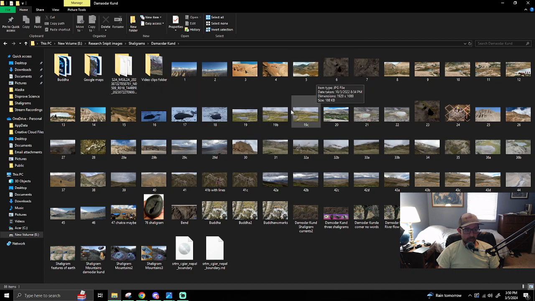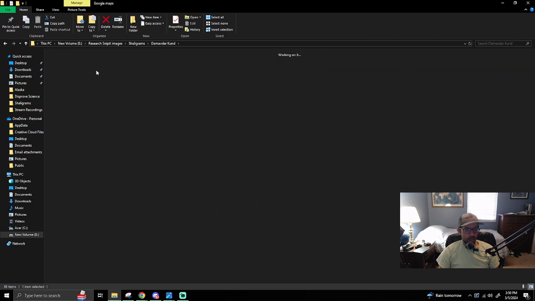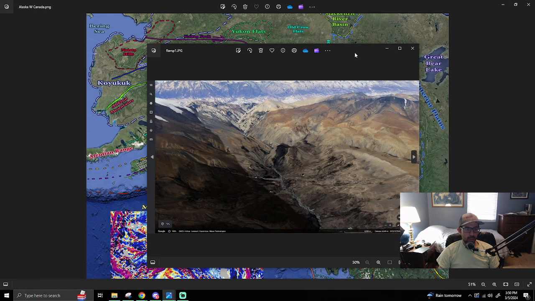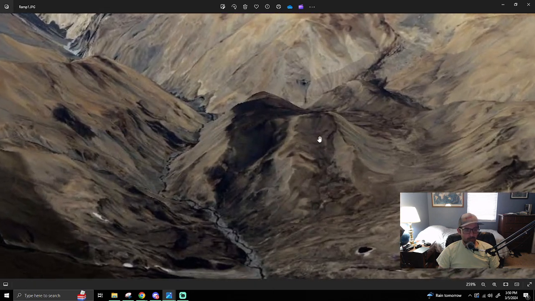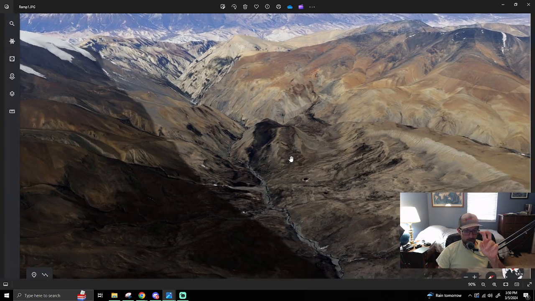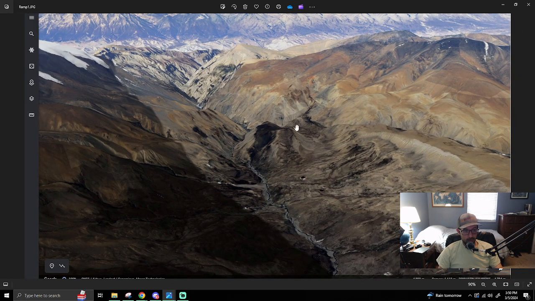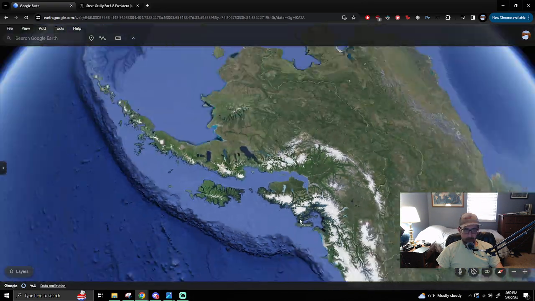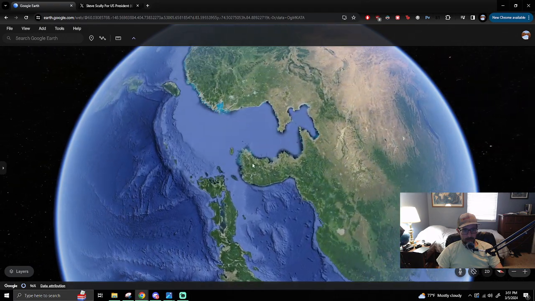So, at Damodar Kund, this ramp, as I call it, this structure is pretty much a hill. I mean, sure, it's in the Himalayas, but it's not very tall. Here's Damodar Kund Lakes, just for reference. If we go, pardon me, to Damodar Kund.